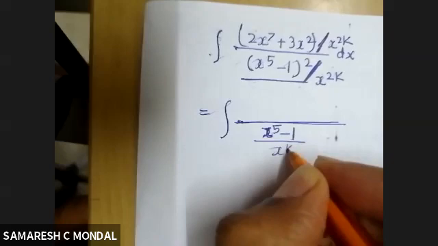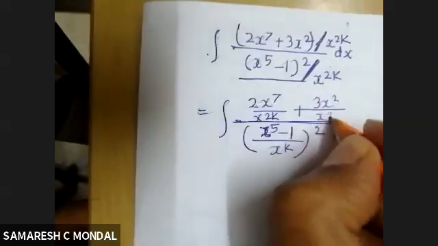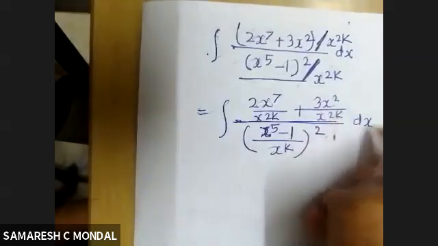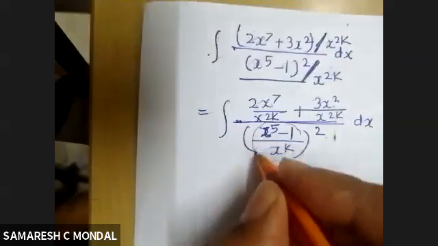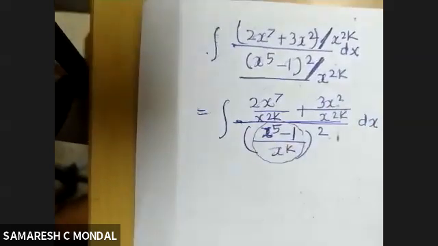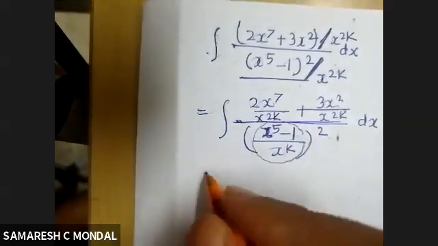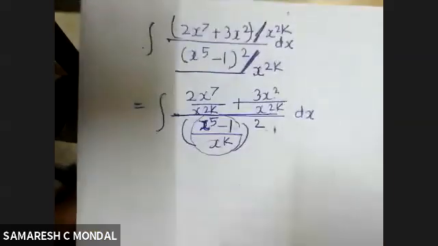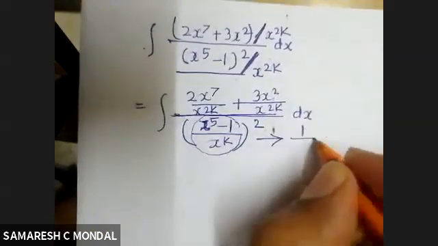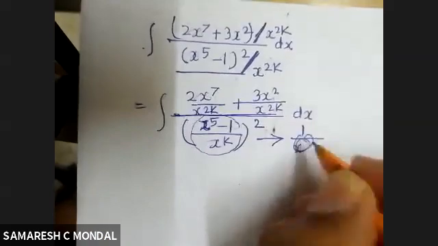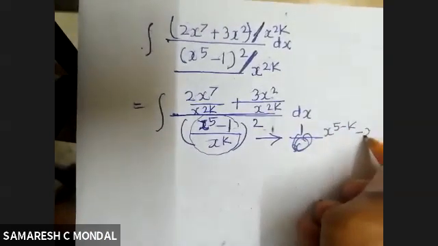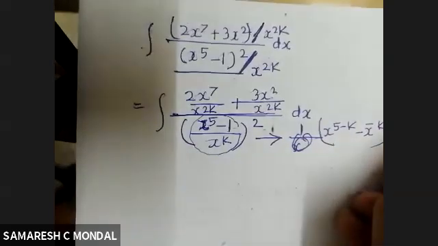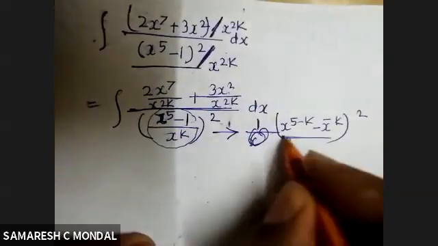So x to the power k plus 3x square divided by x to the power 2k into dx. The differentiation of this should be the numerator for a particular value of k. That should be the way to do it. Now, if you simplify further the denominator, it will come 1 by x to the power 5 minus k minus x to the power minus k, the whole square.